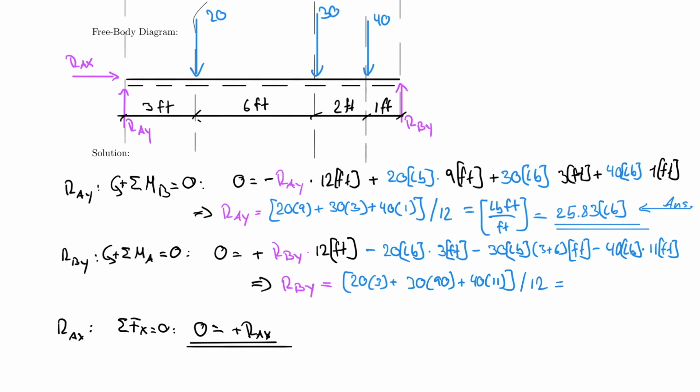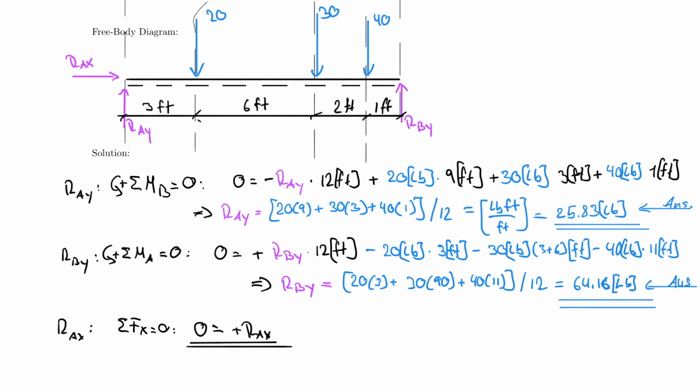And if I calculate that out, I will find that RBY is equal to 64.16 pounds. And that once again is a result that I have to not just double underline, but I also have to verify it. And I want to talk more about the verification in a second.